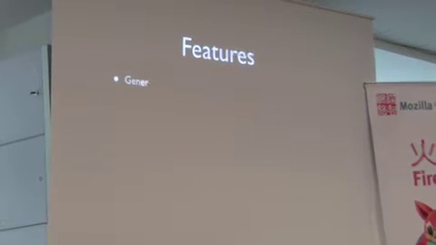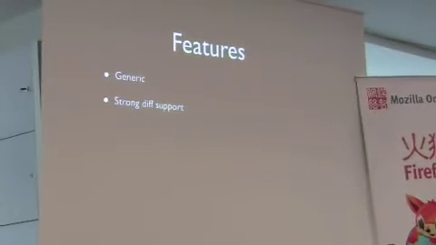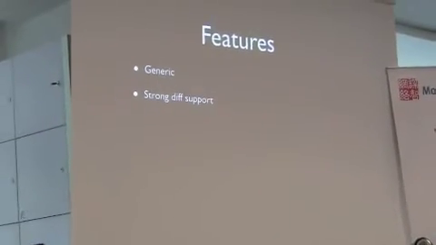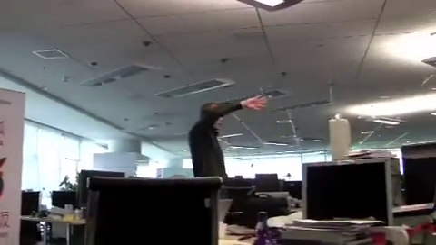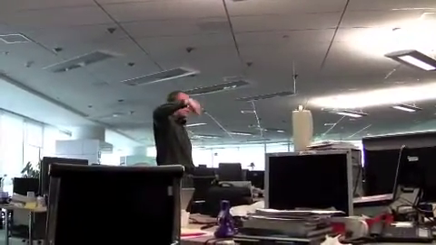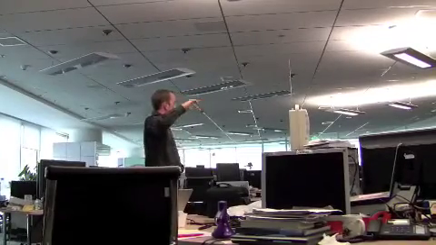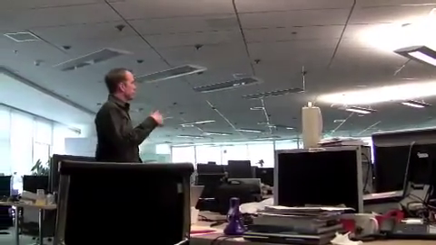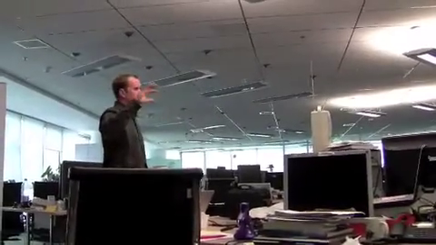Okay, so I mentioned SILMA is generic. It has what we call a strong diff support. That basically means you can take one file, extract the differences between another file, and then work on those differences. This is something we see a lot in the world of localization. Because new versions of the browser come out, changes have been made.